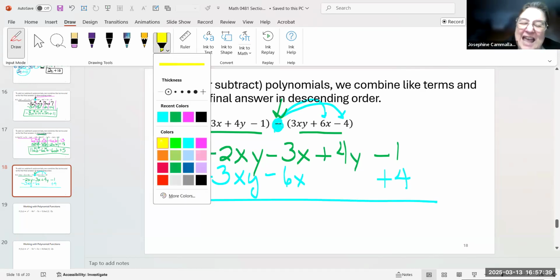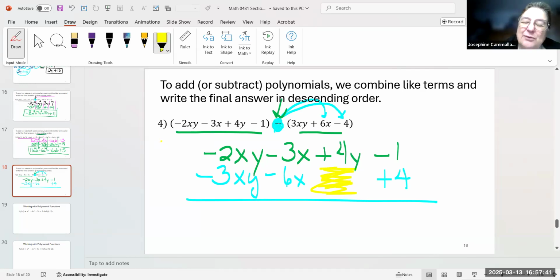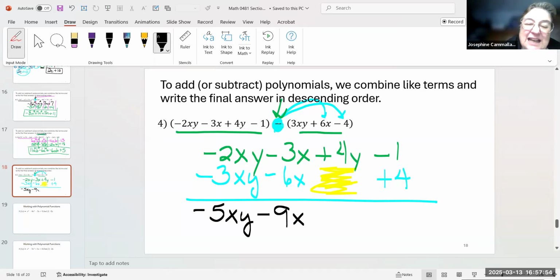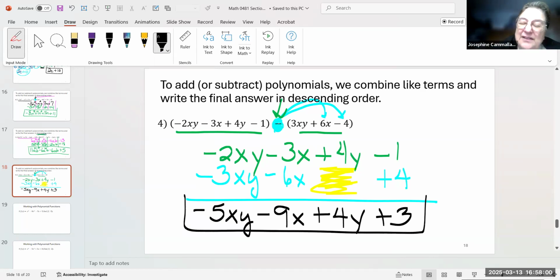I have an empty space right here under the 4y. This is going to give me negative 5xy minus 9x plus 4y plus 3. This is my answer.